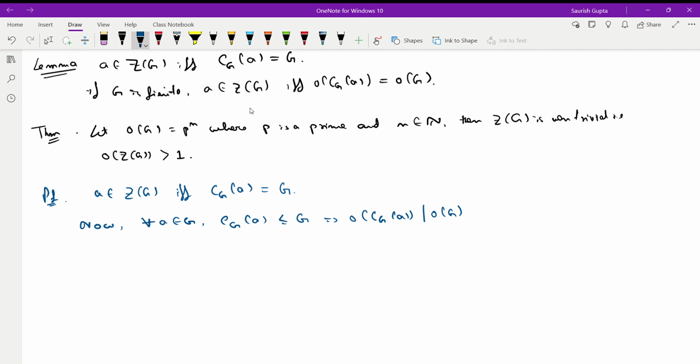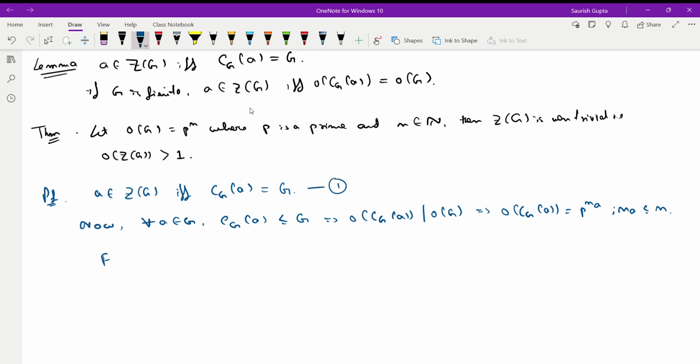But the order of G is p to the power n. So this implies the order of the centralizer of A must be some power of p as well, p to the power n_A, with n_A less than or equal to n. Clear? Let this be statement 1.